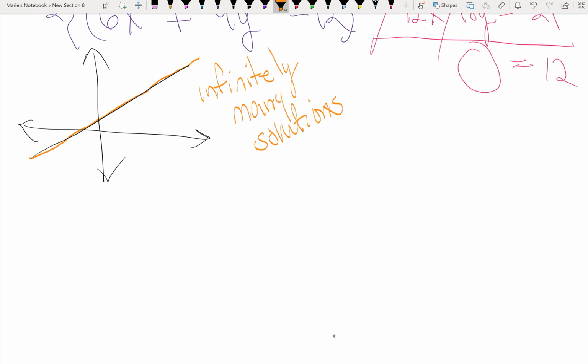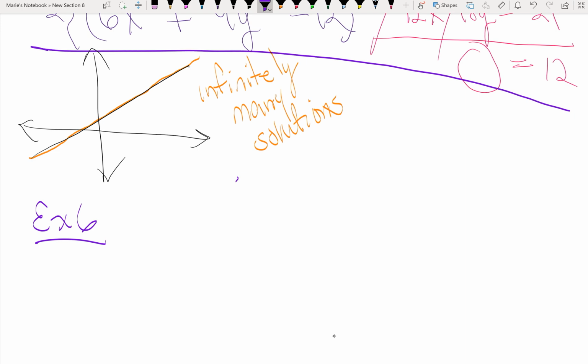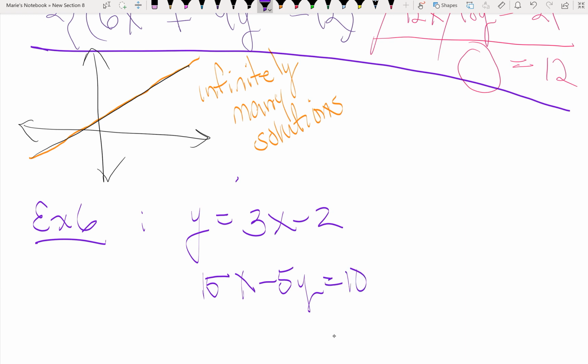Say I had an equation that read, and this is example 6, by the way, infinitely many solutions. So in this example, it would say y is equal to 3x minus 2. Now use whatever system you want to do. And the second line would say 15x minus 5y is equal to 10.